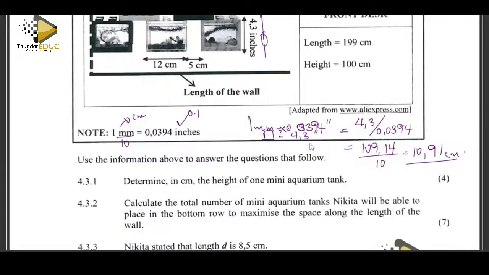Calculate the total number of mini aquarium tanks Nikita will be able to place in the bottom row to maximize the space. So now what you have to know is that from here up to there, what is the length? The length they have already told us is 199 centimeters.